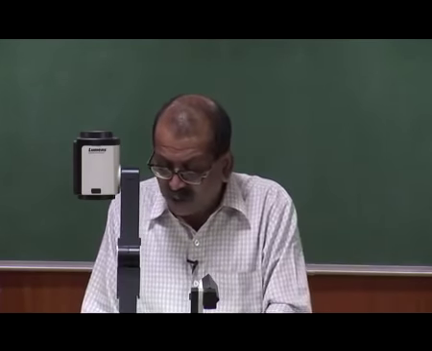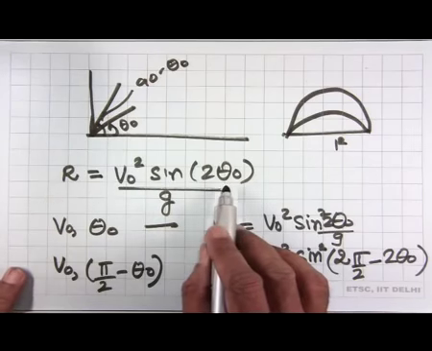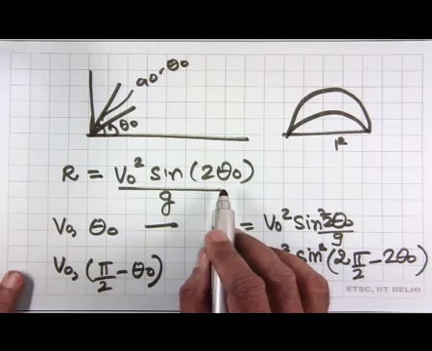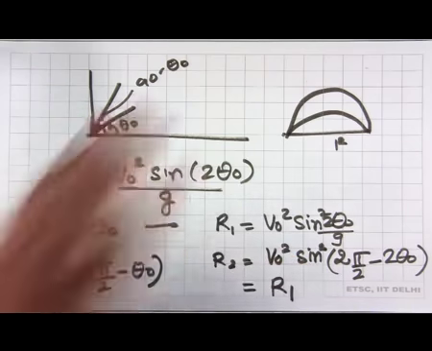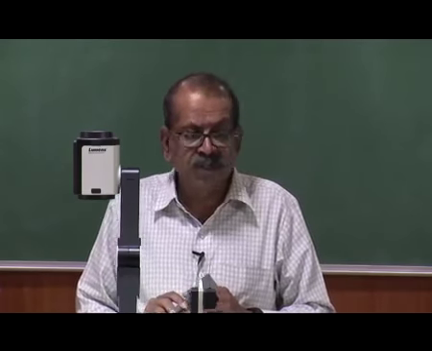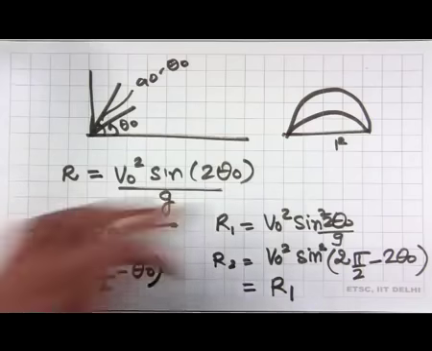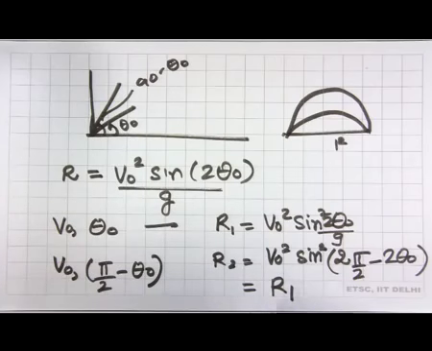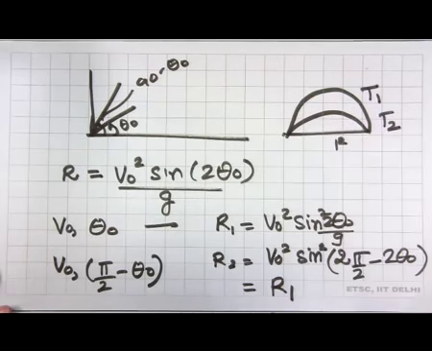And also clearly from this we can see for a given V0, the range will be maximum when theta 0 is equal to pi by 4 or 45 degrees. So, a body thrown at an angle of 45 degrees covers the maximum range. But notice, while we talk of ranges here, which is the distance, it does not mean that the time t1 and time t2 taken by the two will be the same.